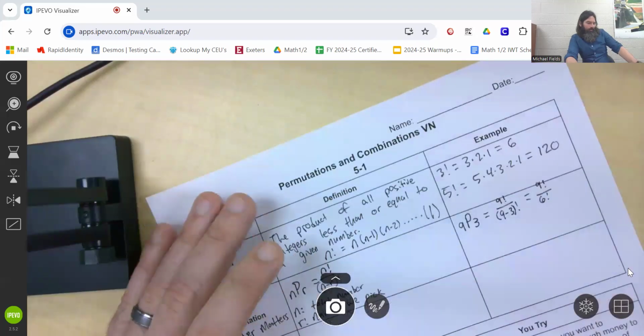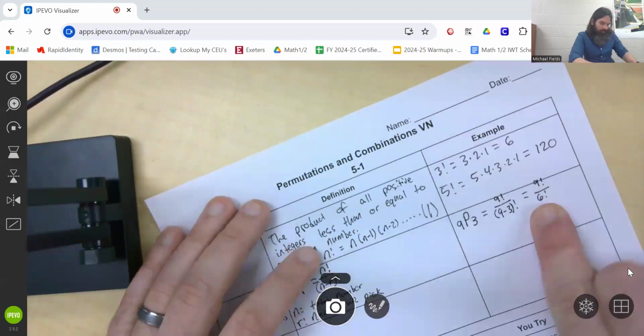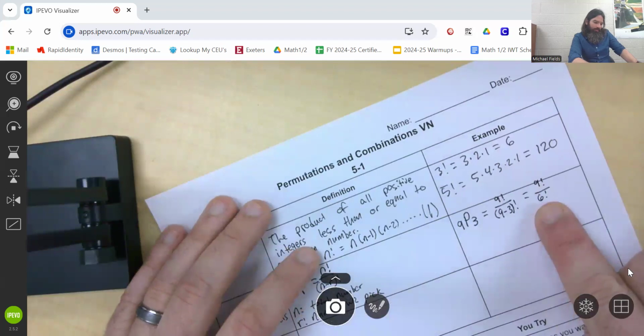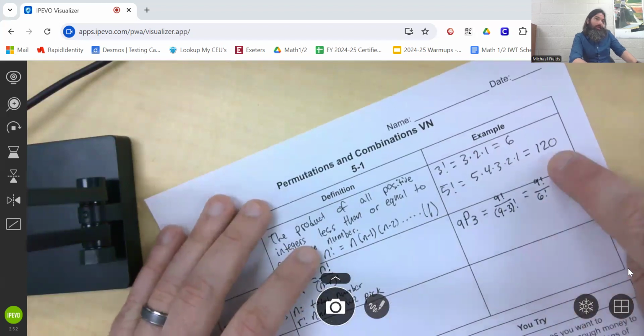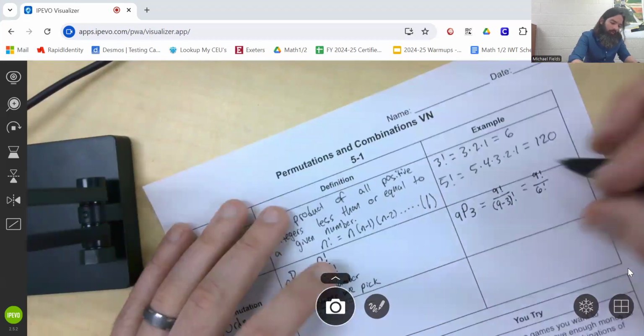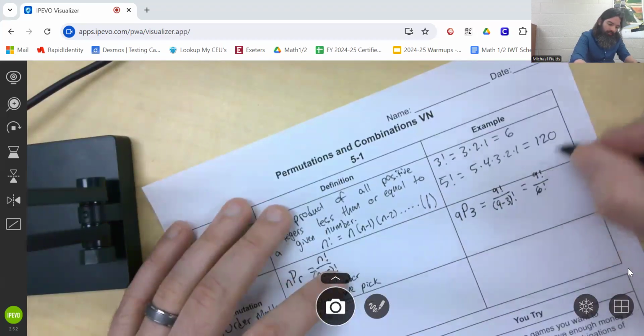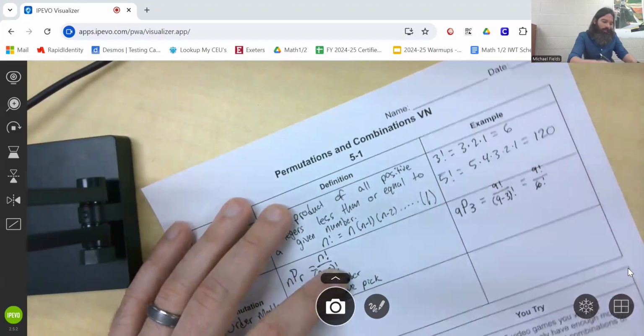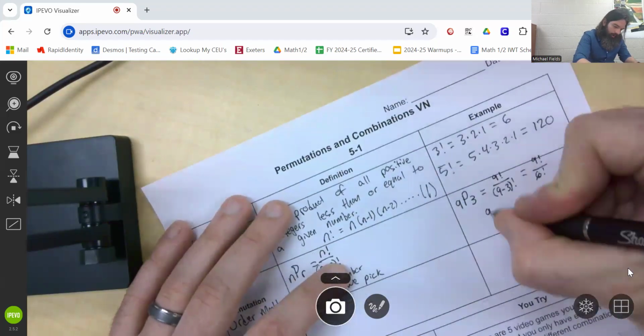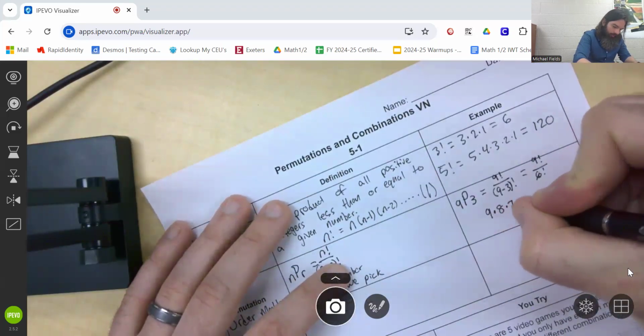Now, what's cool about factorial is 6 factorial is 6 times 5 times 4 times 3 times 2 times 1. 9 factorial is 9 times 8 times 7 times 6 times 5 times 4 times 3 times 2 times 1. So the 6 factorial is going to cancel out with the 6 factorial from the 9 factorial, and all we're left with is 9 times 8 times 7.